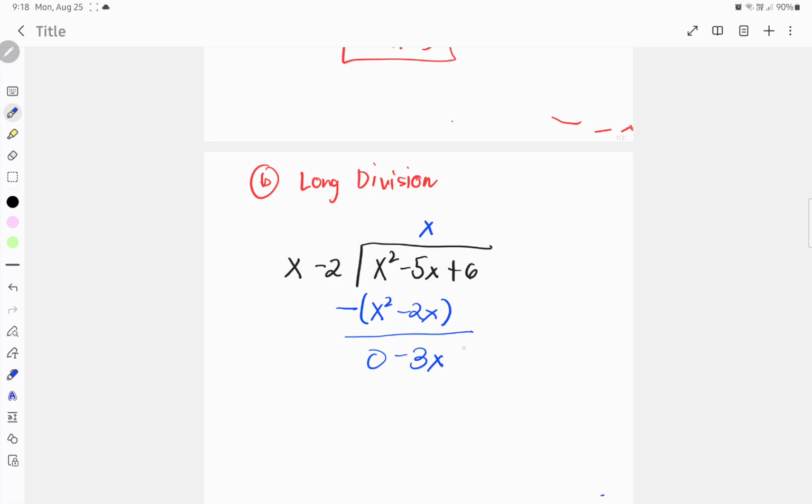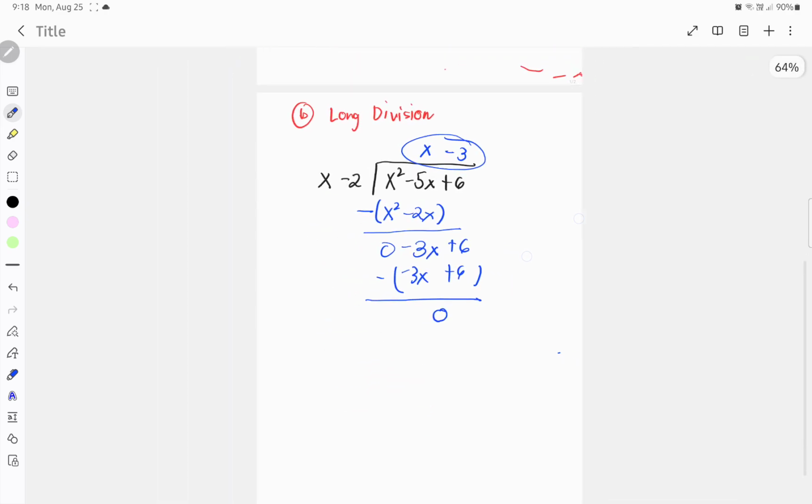Plus 6, bring down 6. So next, we want negative 3x divided by x. The answer would be negative 3. So negative 3 times x is negative 3x, and negative 3 times negative 2 is plus 6. Because we are now reversing the sign, this would lead us to 0. So the quotient now is x minus 3 on the long division.